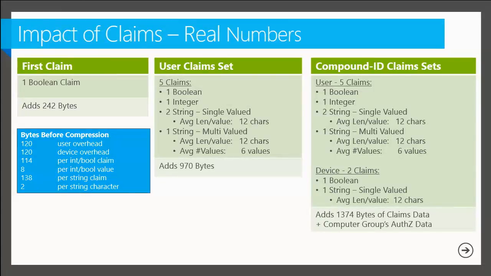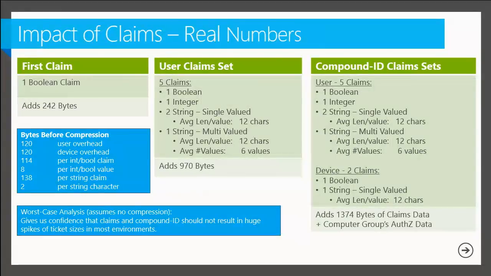So we do add some overhead, but in the worst case analysis, with no compression, we should not expect massive increases in token size, even without the compression that we have enabled on the system. So that's good. Token bloat is a short-lived problem. It's not that big of a problem in the first place.